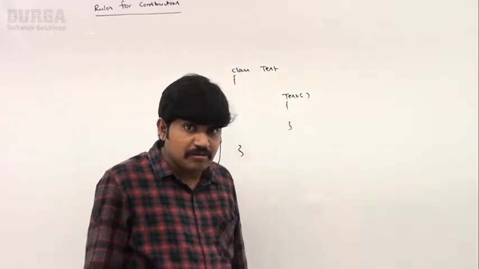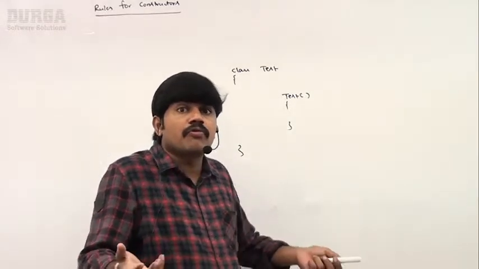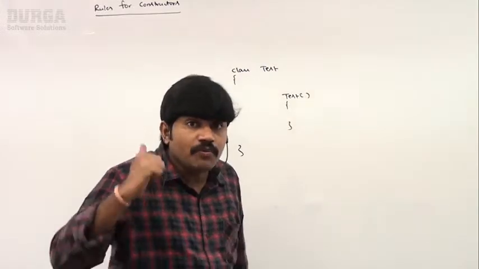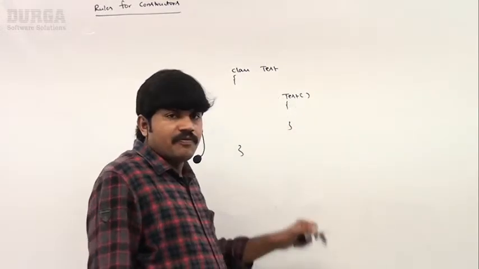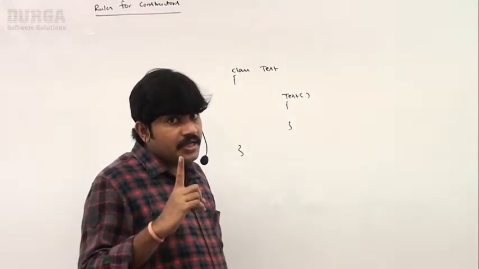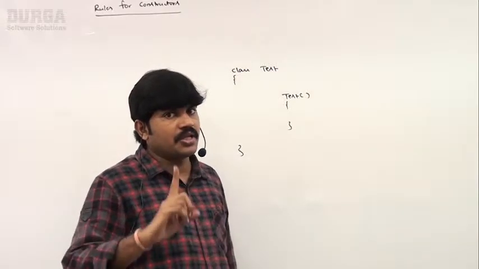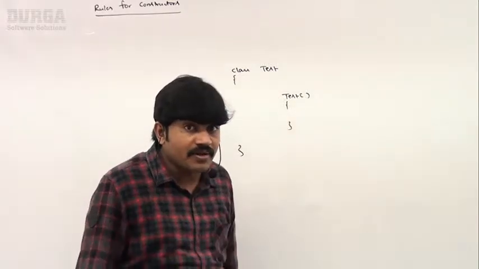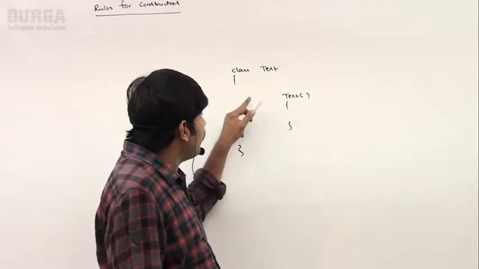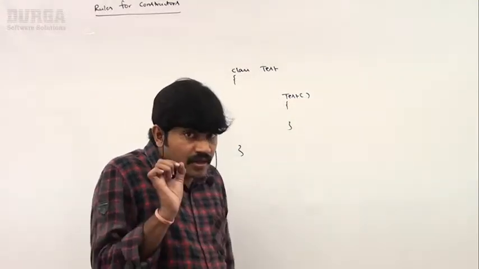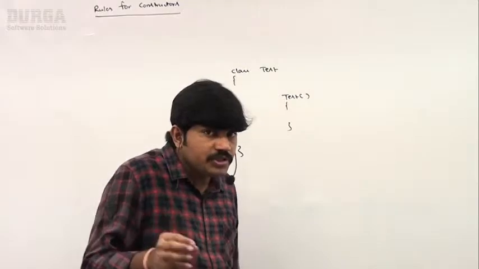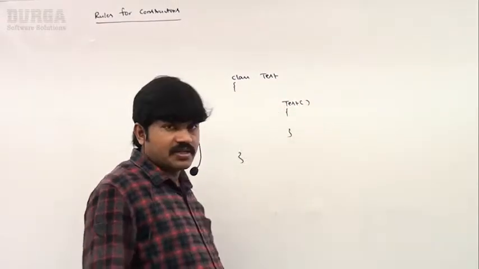You should be aware that Java has around 12 modifiers available. Which modifiers are applicable for constructors? Please make sure, this is the most important point, even for the interview room. It's a very important concept, sir.